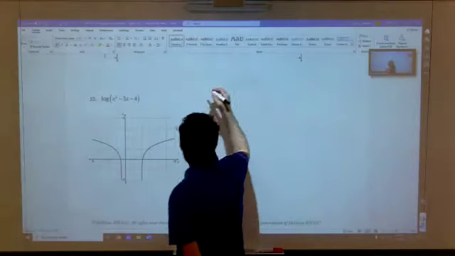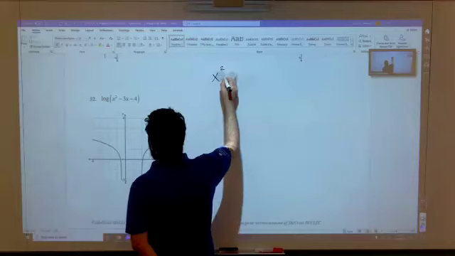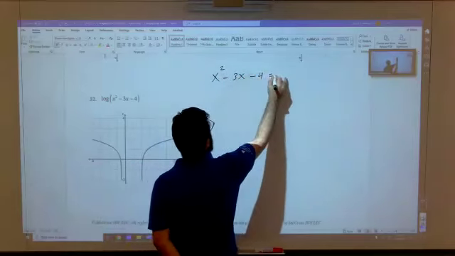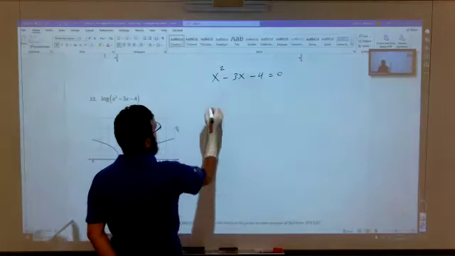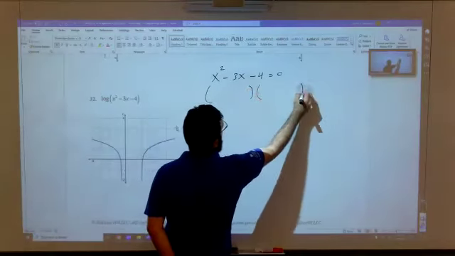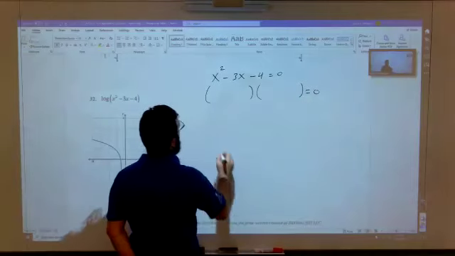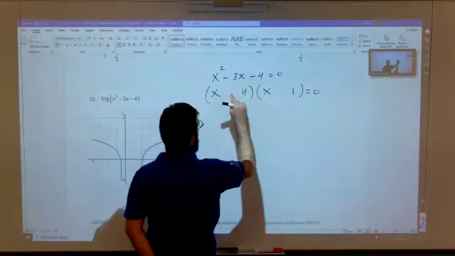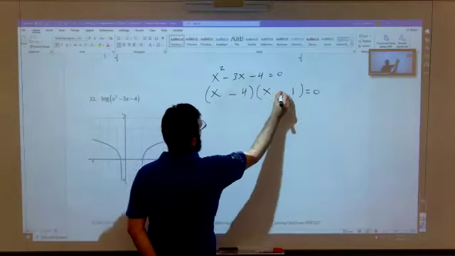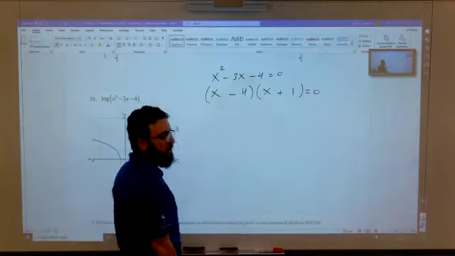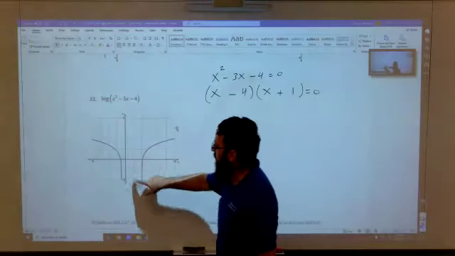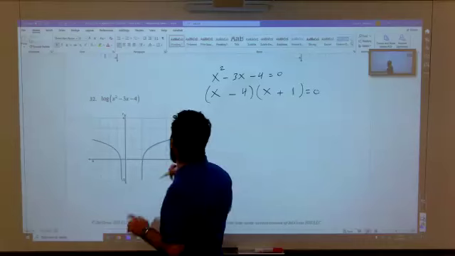So we're going to take x squared minus 3x minus 4 and set it equal to 0. How are we going to solve it? By factoring. x and x, I put 4 and 1. Where am I going to put the signs? Minus and plus. So how many asymptotes do we have? We have 2 asymptotes.